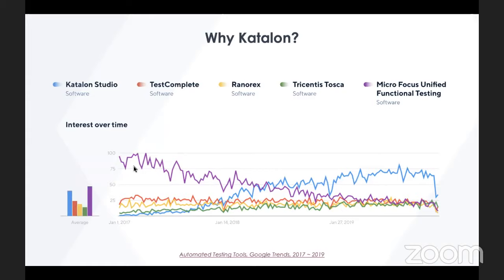We began to introduce Katalon in 2016, so we show up there from the beginning of 2017. But then we got adopted by our users, and we began to surpass UFT in the middle of 2018, and we were able to maintain the momentum until the end of 2019, which is the present moment.